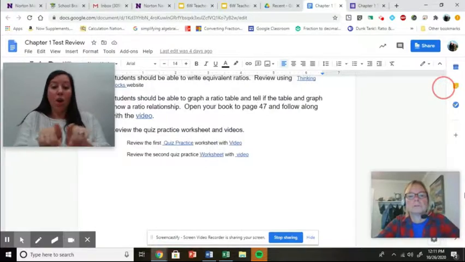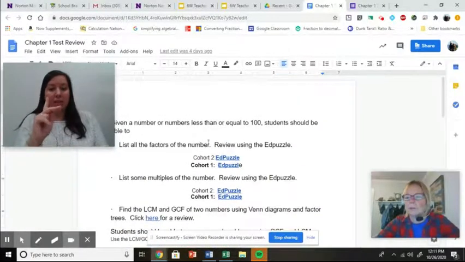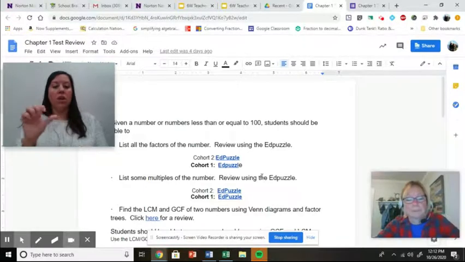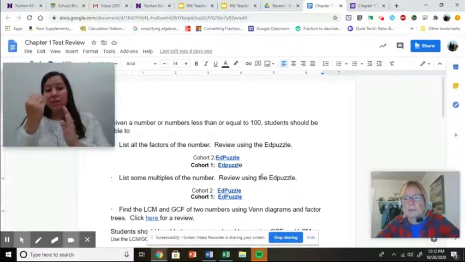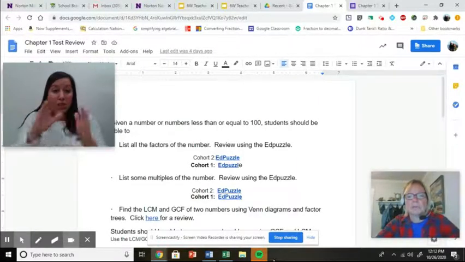Also included in the document are links to things that you can do to review each of these. These are just examples. There are other lessons, other worksheets, and other pages in the books that we've done as well that you may use.